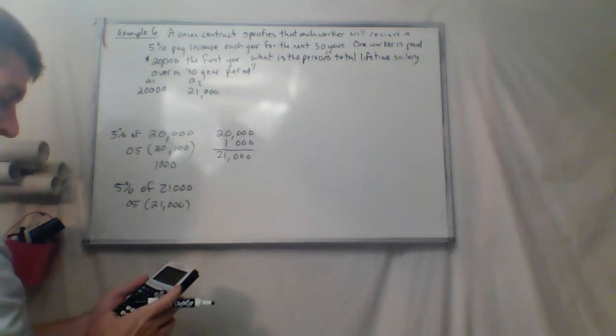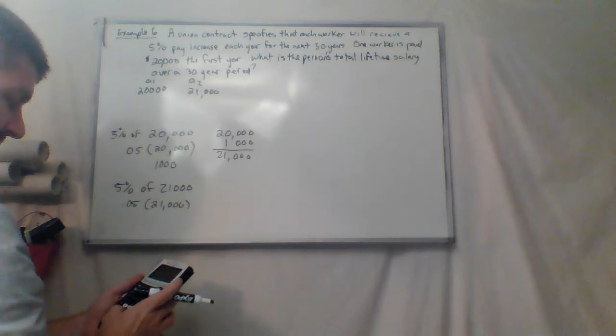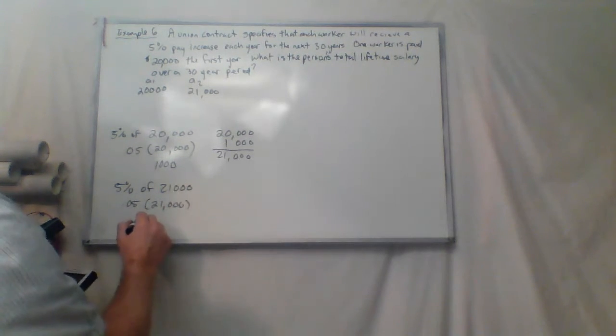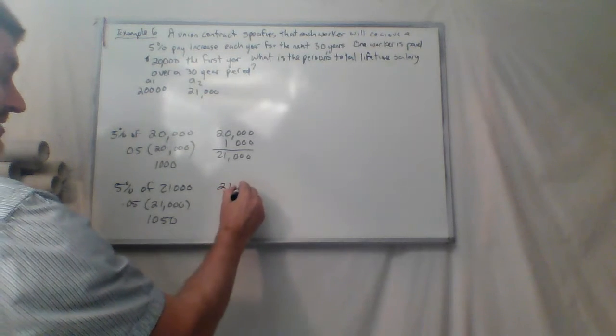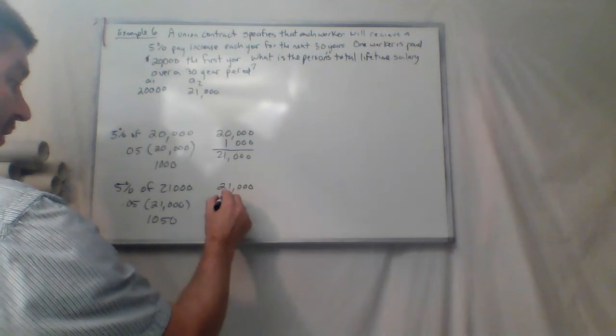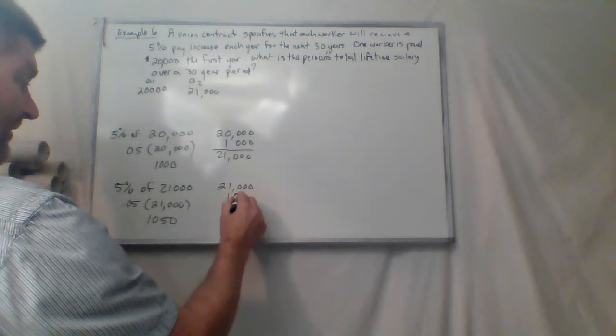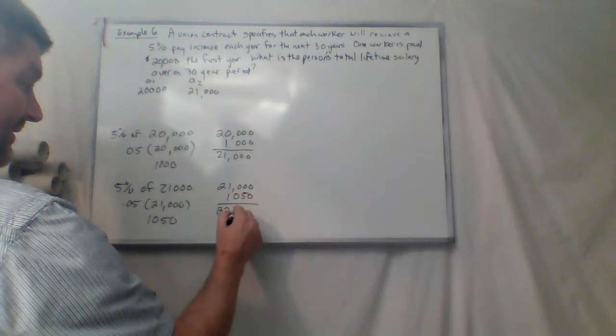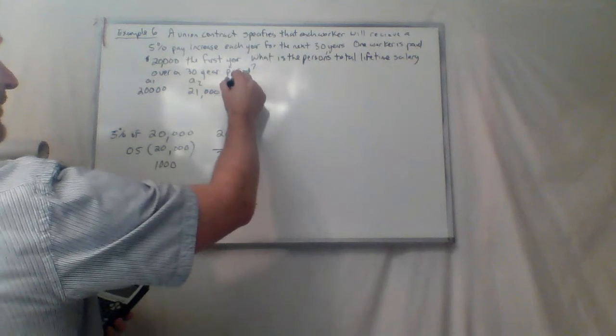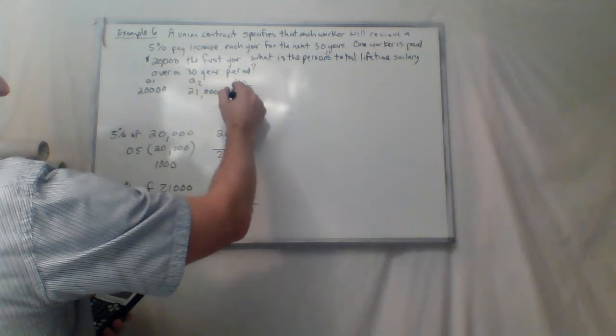I get $1,050. So now you get your 21,000, and you went up $1,050, so now you're going to get $22,050.